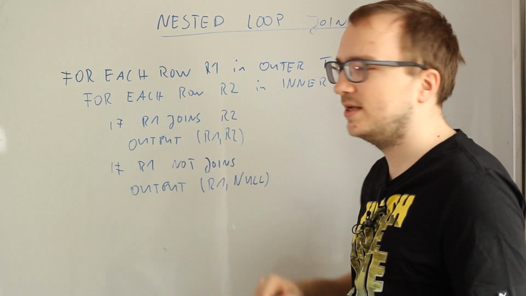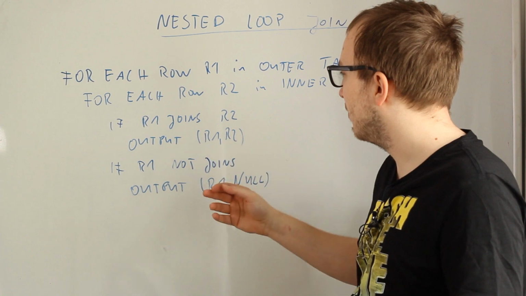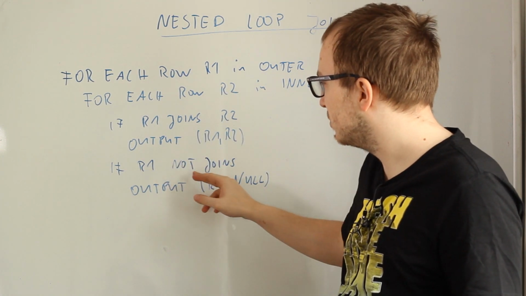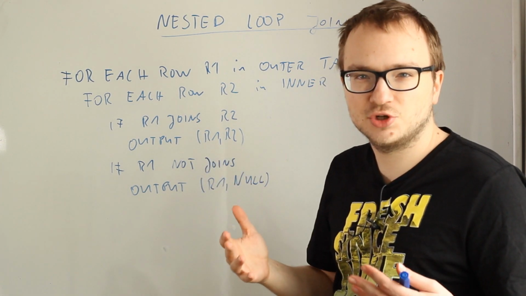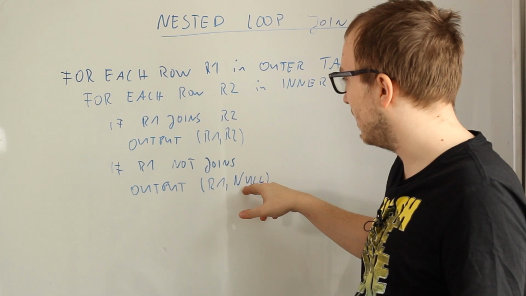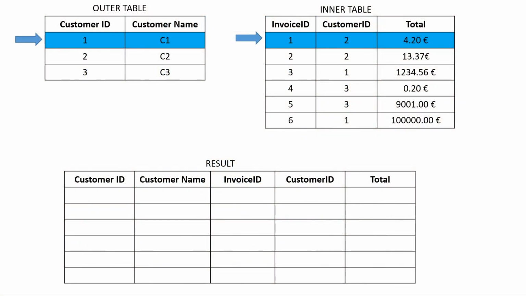If it is the case, then we have our join, we output the row and get the next row from the inner table. If it's not joined and we have a left outer join, then we output R1 and null as a tuple. So remember, the nested loop join takes for each row of the outer table each row of the inner table, and compares if a join can happen or not.